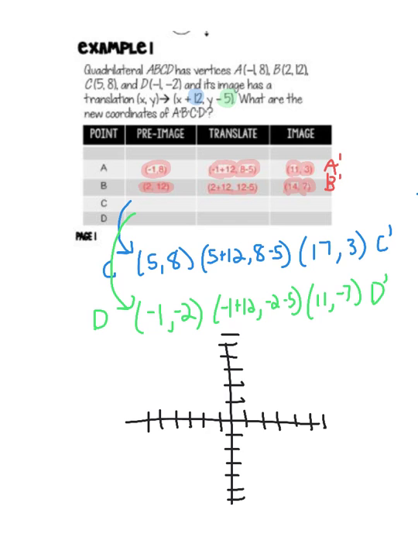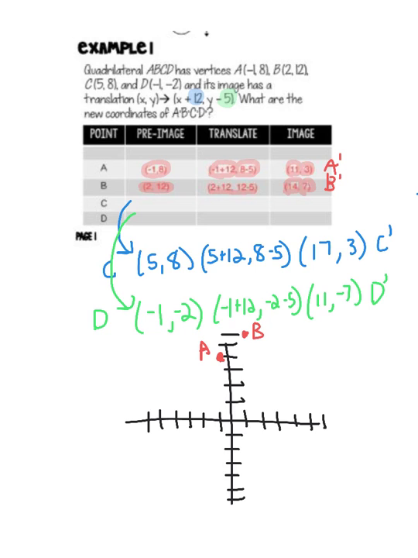So our pre-image. Point A is at -1, 8. We're going to label that point A. Point B is at 2, 12.